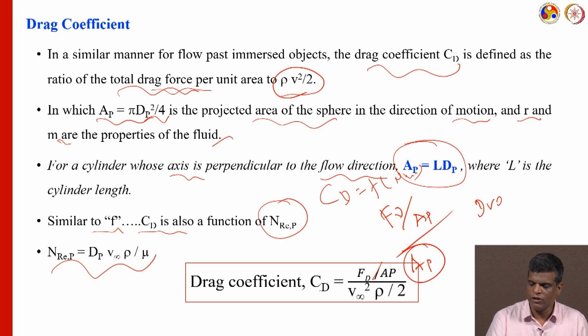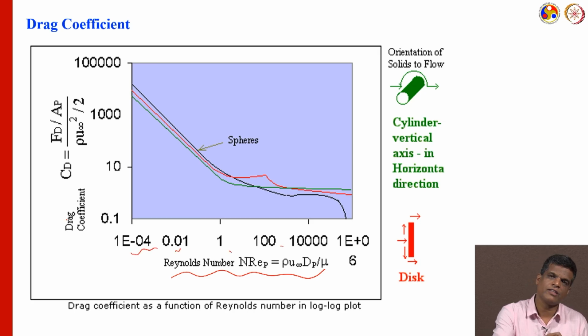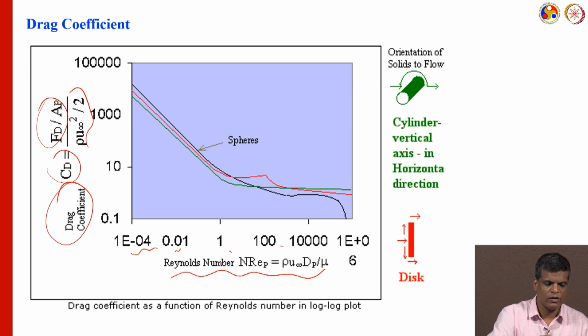In the comparison plot, the Reynolds number NRe starts from 0.01 up to 100 and beyond, and on the other side is the drag coefficient CD, ranging from about 0.1 to 10,000. This is the log plot of drag coefficient as a function of Reynolds number for a sphere.